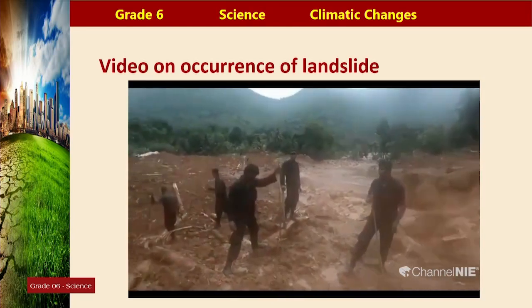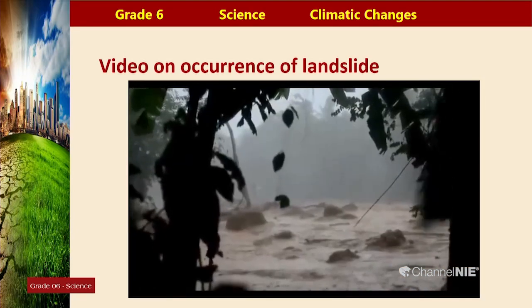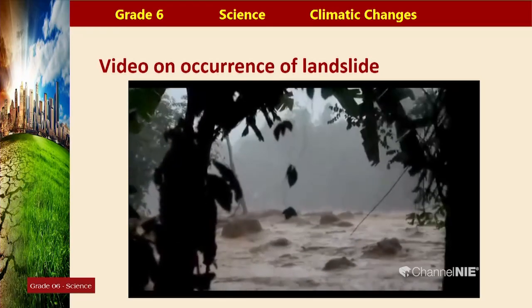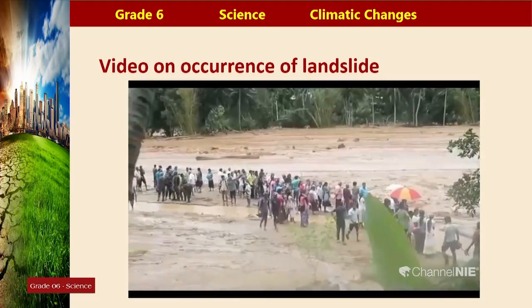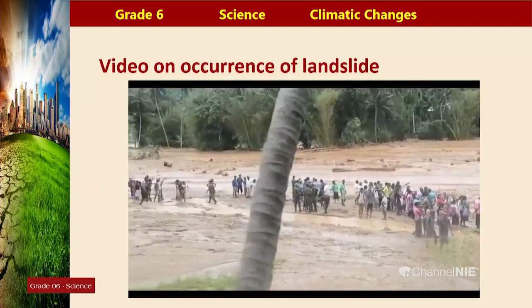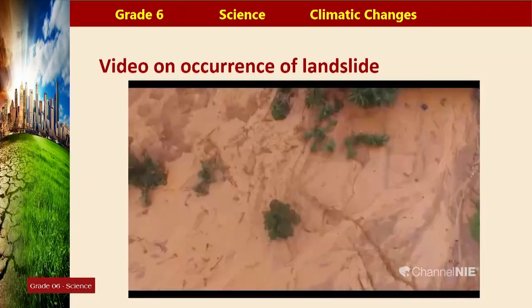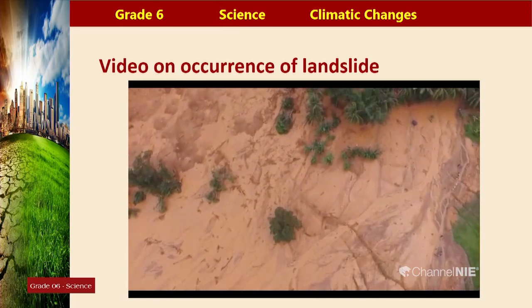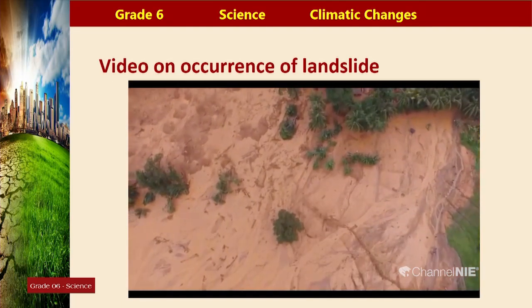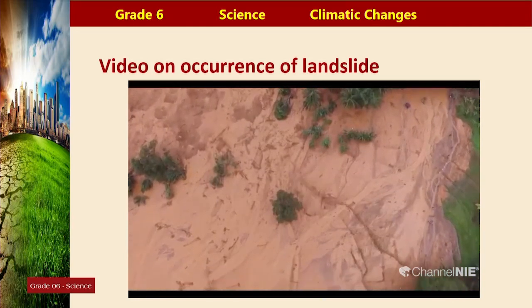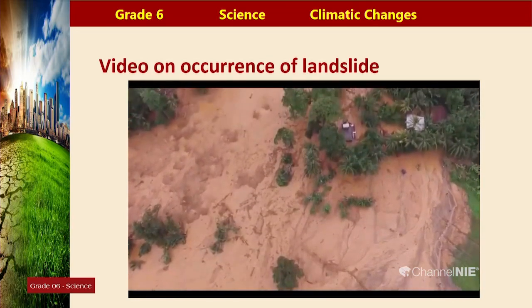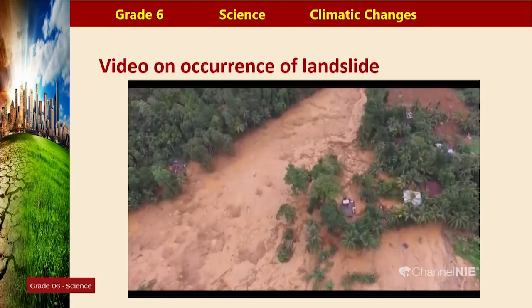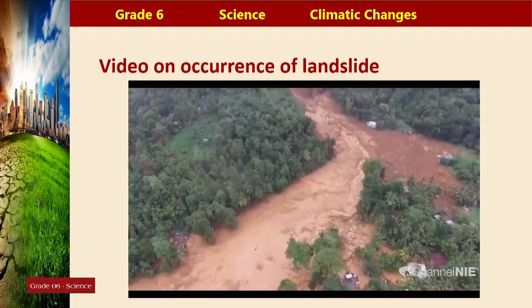It can't save the lives because whenever they take the human up, they are already buried under the soil and they are dead. So, it is a very disastrous event. Main reason is rain. Continuous rain for 3 days, over 200 millimeters rainfall can cause a landslide.